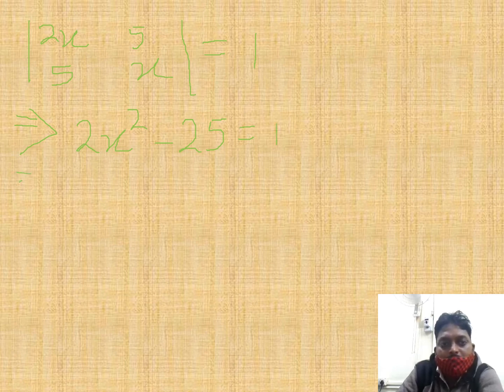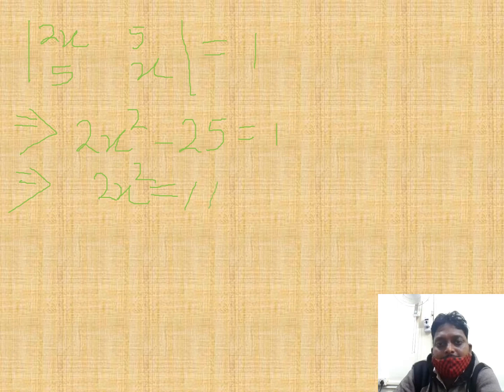Implies you know how to solve an equation. 2x square is equal to 1, 25 minus 25 taken to right becomes plus 25. Now it becomes 1 plus 25 is equal to 26.